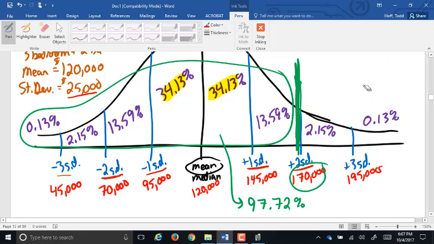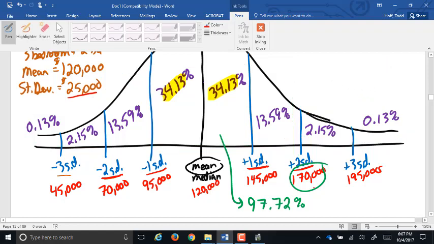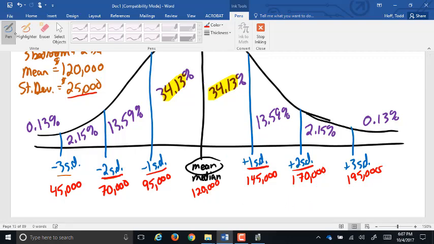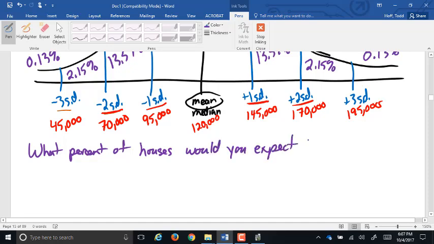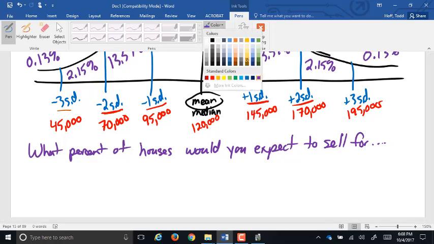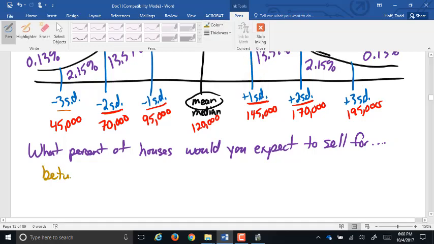Well, let's look at some other numbers that we can get out of this. Let's say we ask what percent of houses would you expect to sell for, let's say, between $95,000 and $145,000.